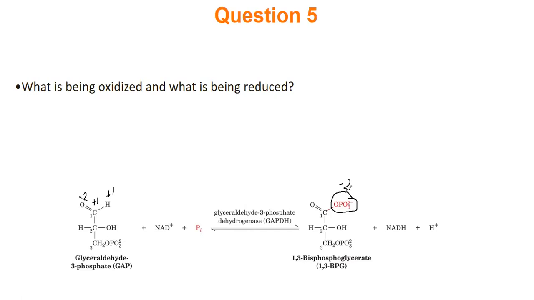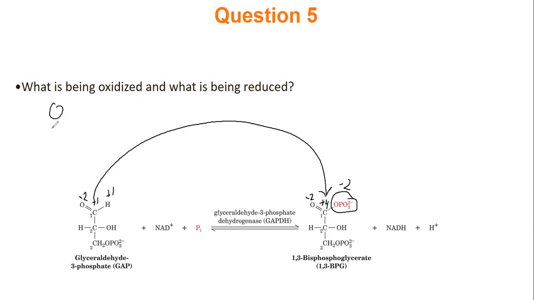You can just say this group -2. This oxygen -2, +4. So carbon went from +1 to +4. Therefore, is that oxidation or reduction? Does this carbon get oxidized or does it get reduced, if it goes from a +1 to a +4?